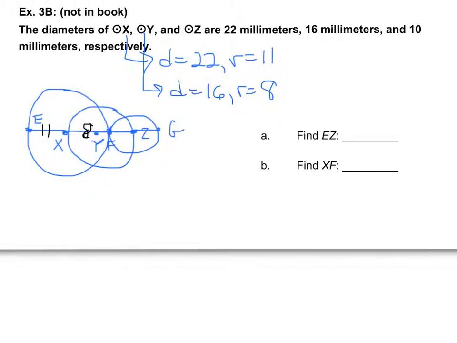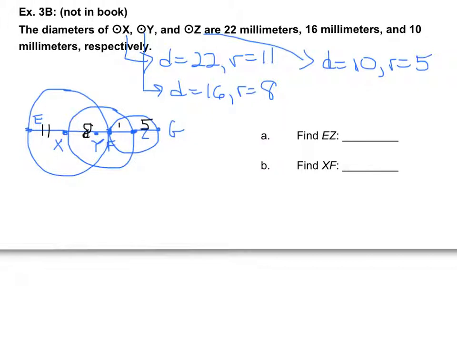And then our last measurement is that circle Z has a diameter of 10, which means its radius is 5. Then we can go ahead and figure out on the diagram, this is 5 up here, and so is that 5.